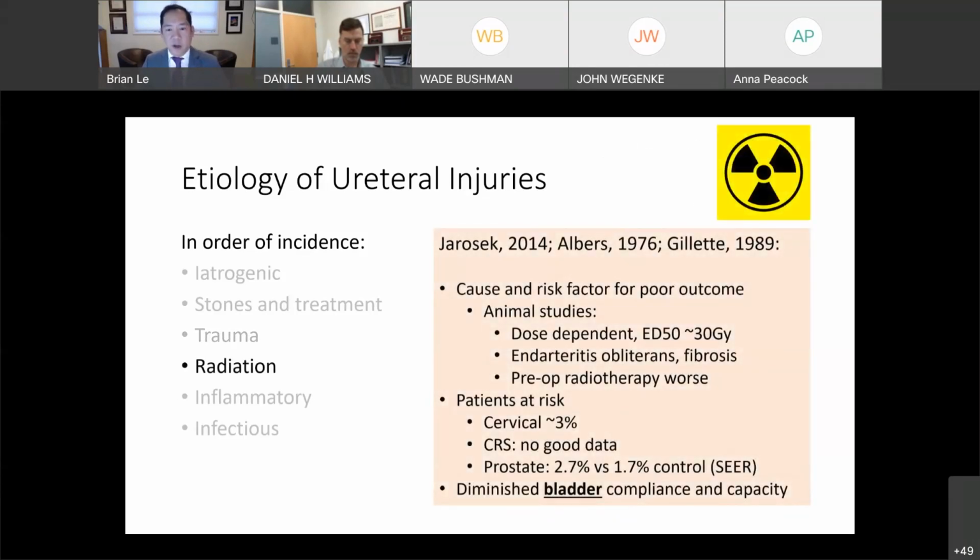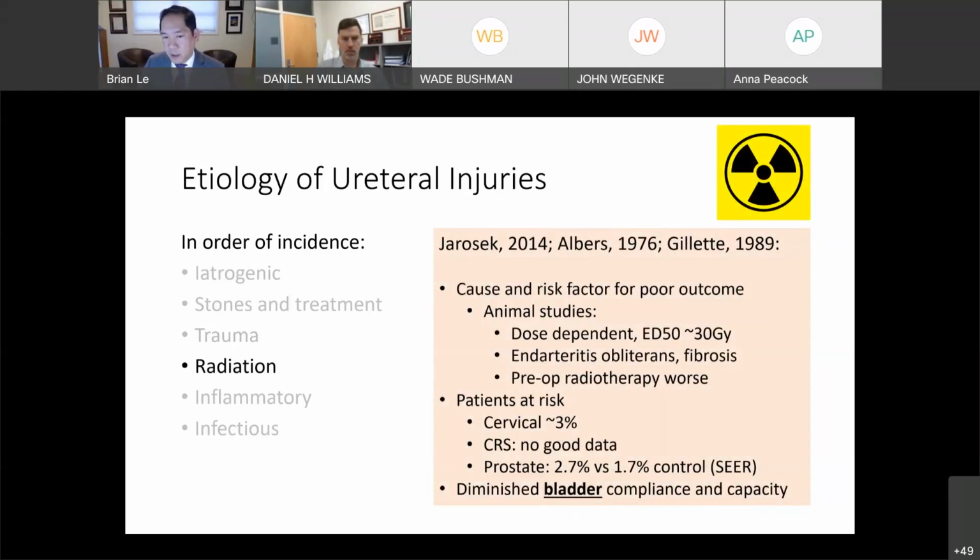Going down the list, radiation as a cause, particularly for cervical cancer. Cervical radiation is probably the most common type of radiation that may cause ureteral stricture. It seems obvious to me that the likelihood and degree of injury will depend on the dose and on the baseline relative ischemia of the tissue.